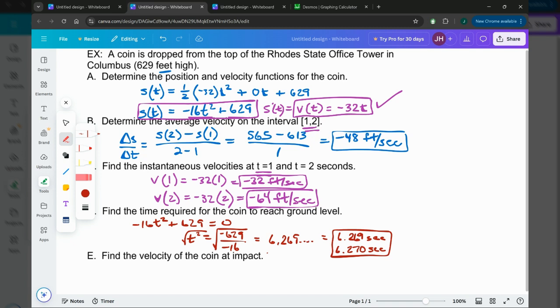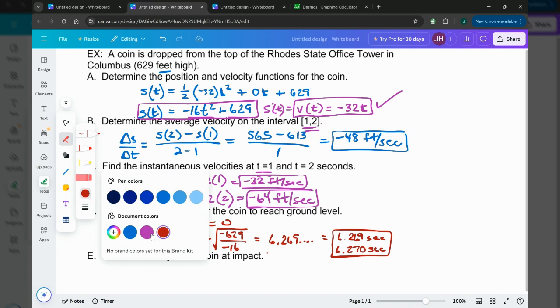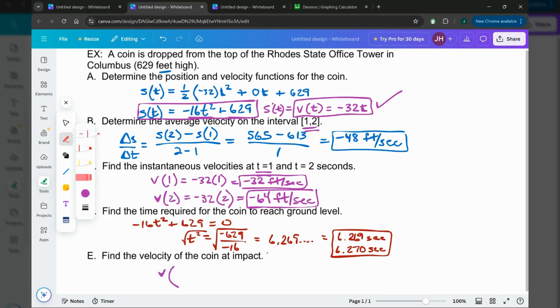Now, what's the velocity at impact? The velocity at impact, we have to plug that number that I just found, 6.269, yada, yada, yada, into my velocity function. And I'm telling you, don't ever plug a rounded number into another function to find your answer. Sometimes you can be off a little bit.